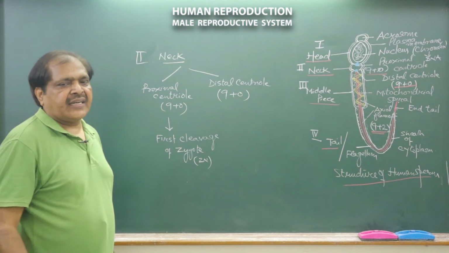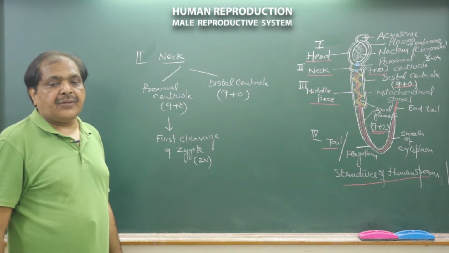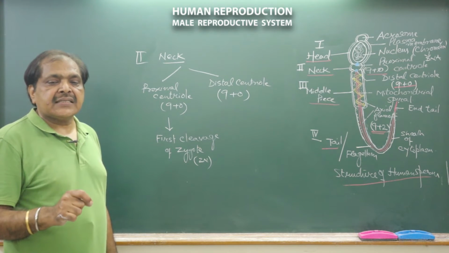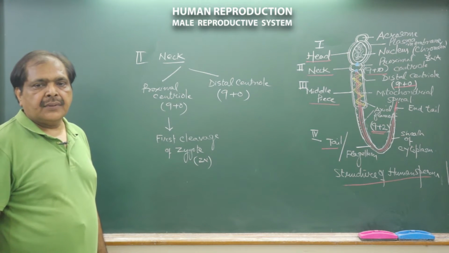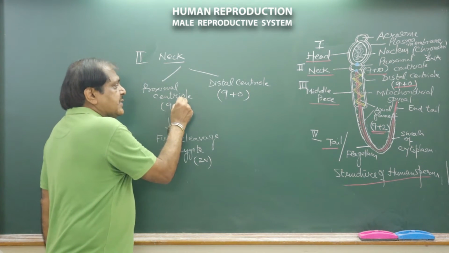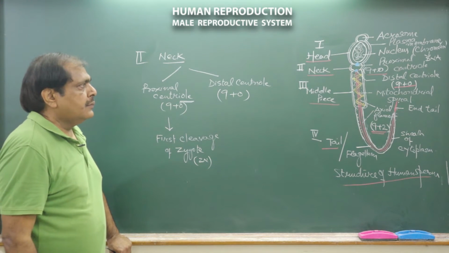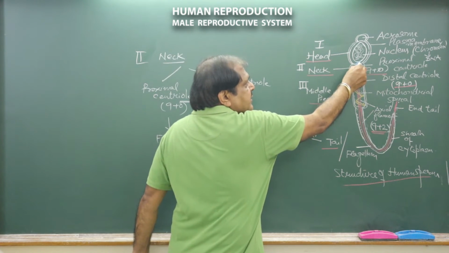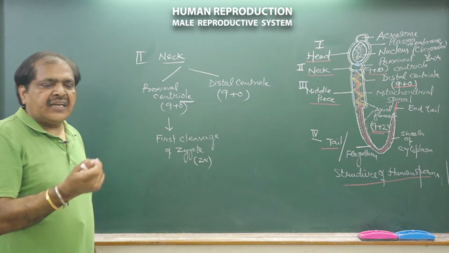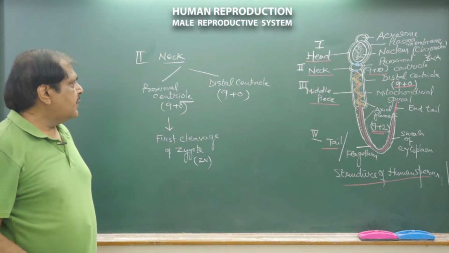The first mitotic division of the zygote for the development of the embryo is taken over by the proximal centriole. This proximal centriole lies just below the nucleus. There is a depression that lies over there, that is the proximal centriole.